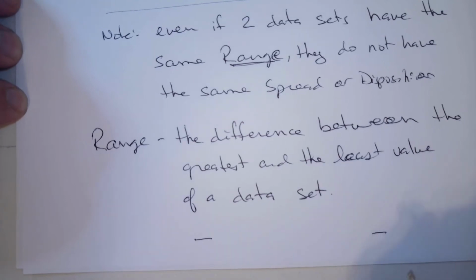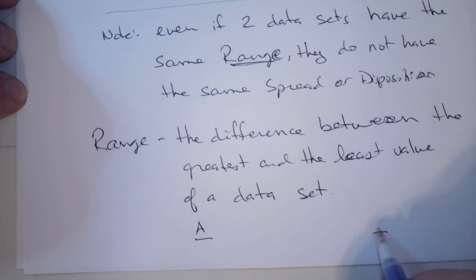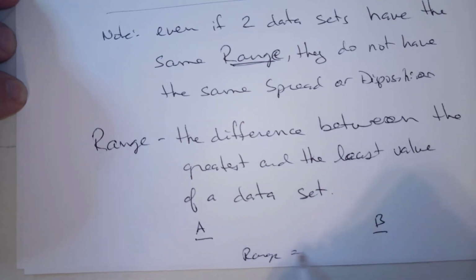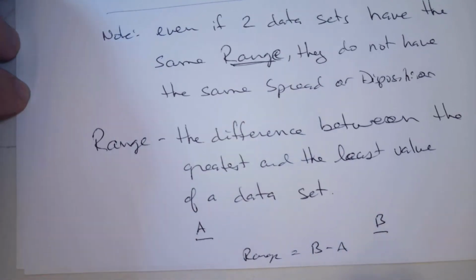So both extremes. We have A here and B here. The range is B minus A. That's what it tells us.